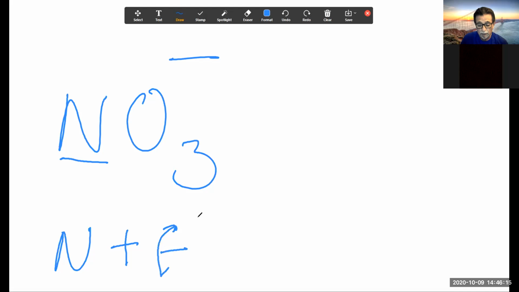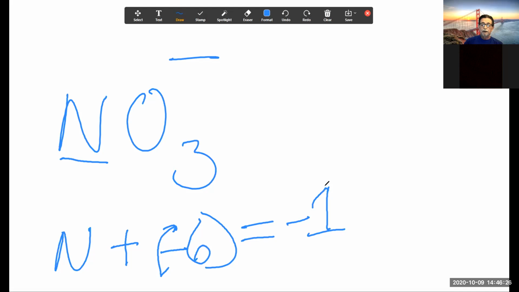And so I have a total of -6, each coming from 3 oxygens. And the overall charge of the ion is a -1. Can I solve for N here? What will be the oxidation number of nitrogen?